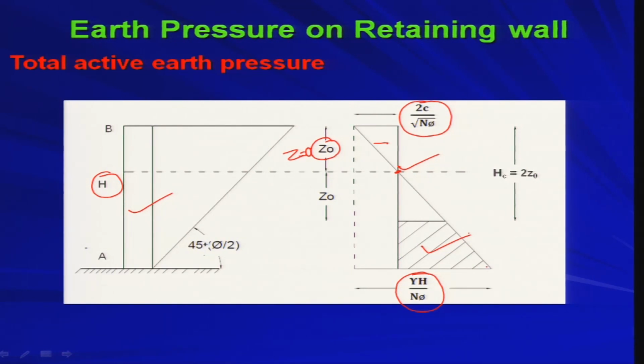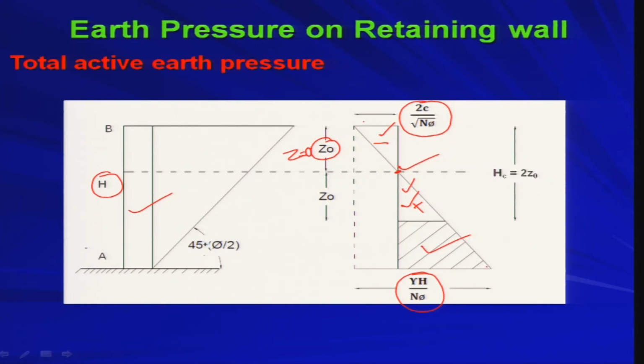So what does it mean? This is compressive, this is positive, this is negative. And they are symmetric, right? This triangle and this triangle both are symmetric, agreed.